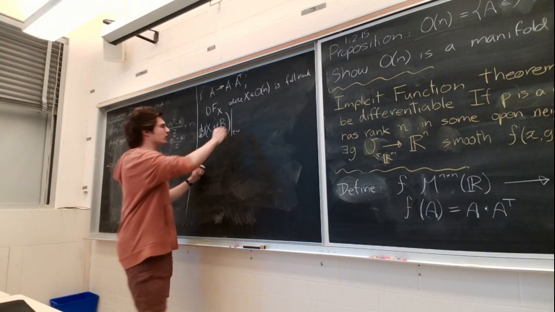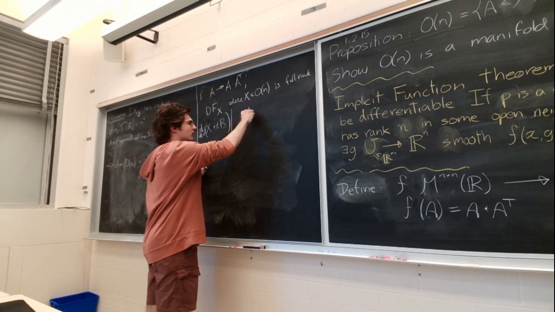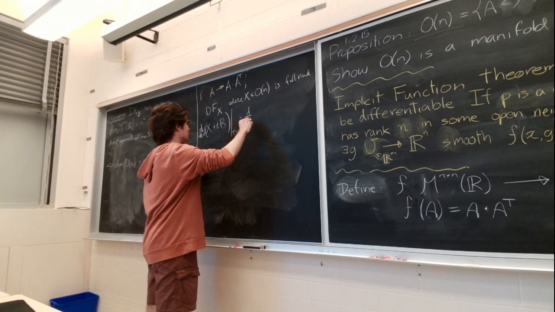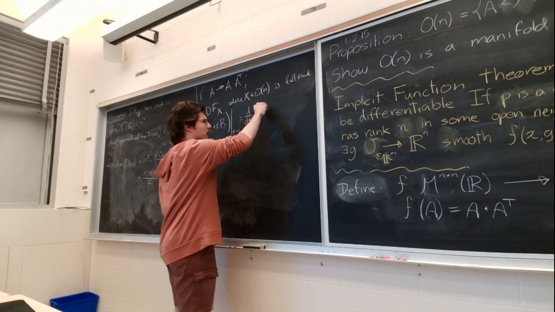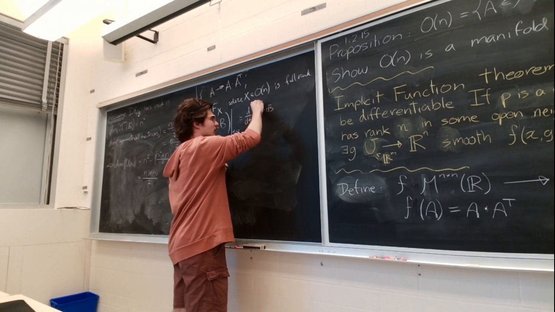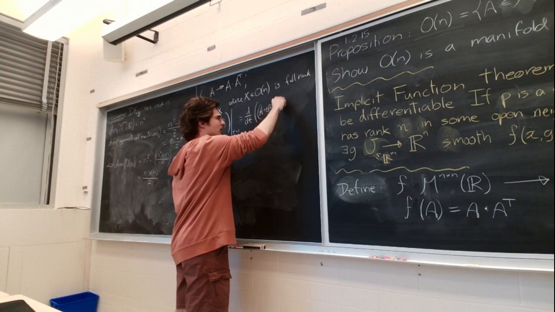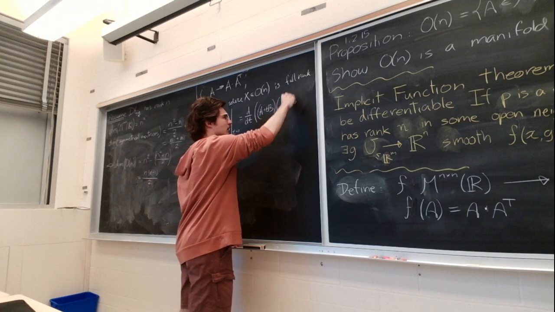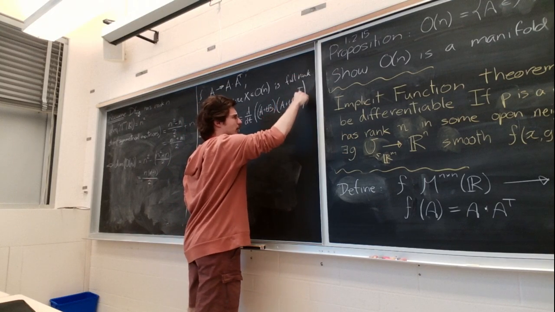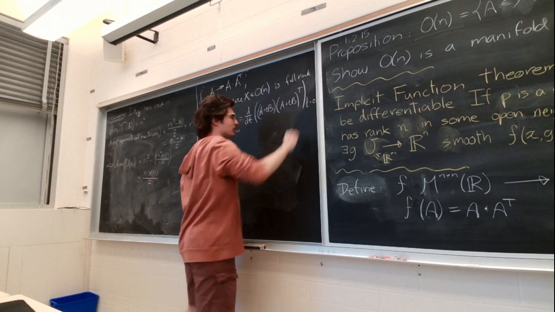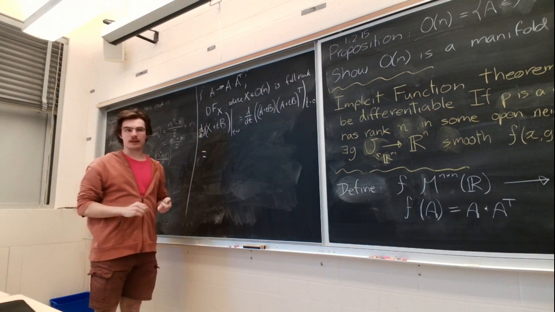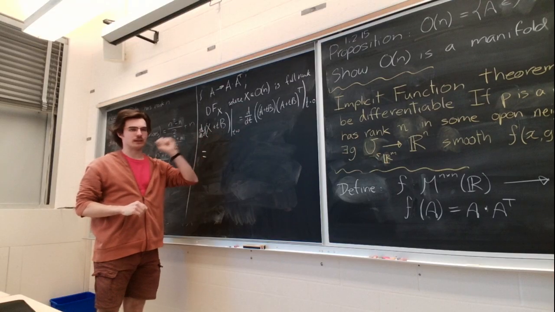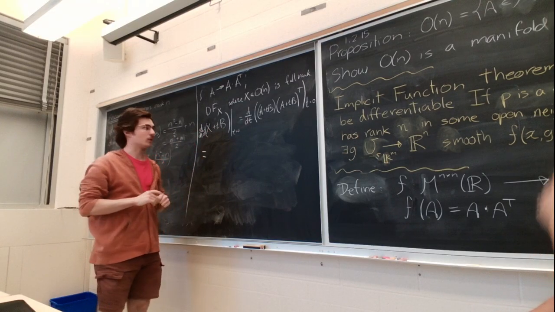So let's just compute this derivative, right? This is d/dt at t equals 0 of (A plus tB) times (A plus tB) transpose. Do you agree? Okay, and then I'm going to show that I can pick B to be whatever I want.